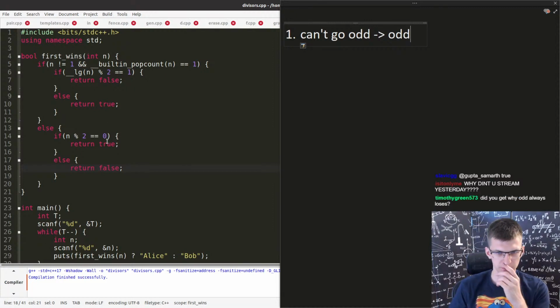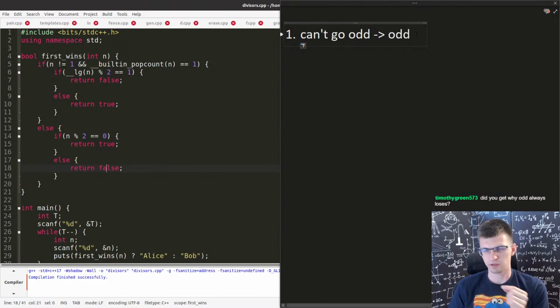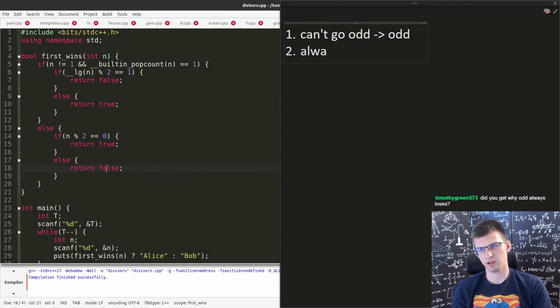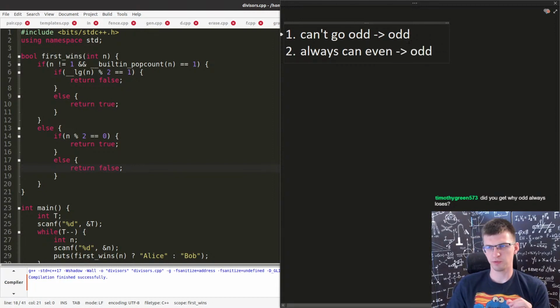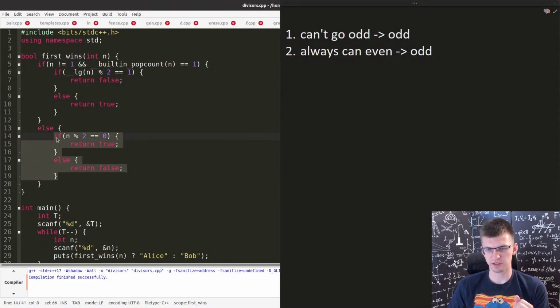Wait, what do we claim? Return true. This means that even is by default winning. What is losing? So we need to say why we can't go like this. You can always go from even to odd. From even, there is always at least one possible step to odd. Of course, there will be exceptions, being powers of 2. But if just this was the code, I would need to prove those two statements.